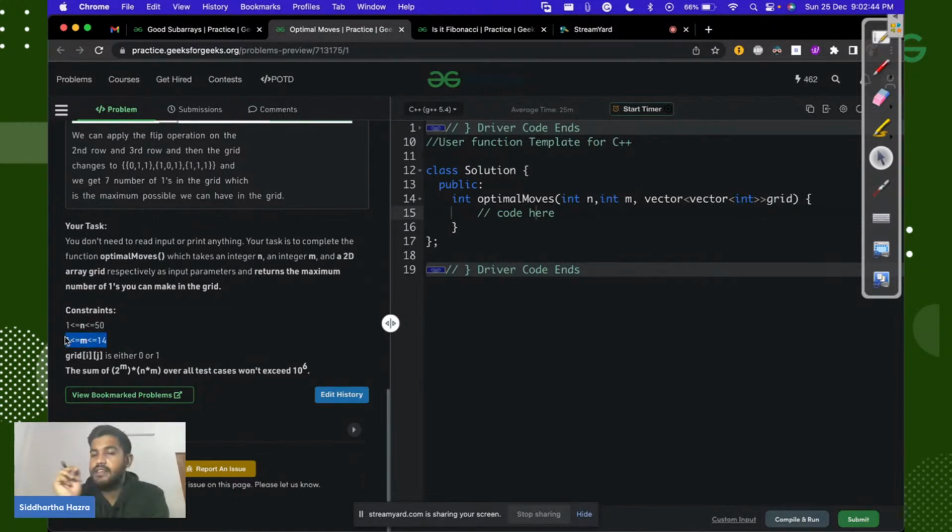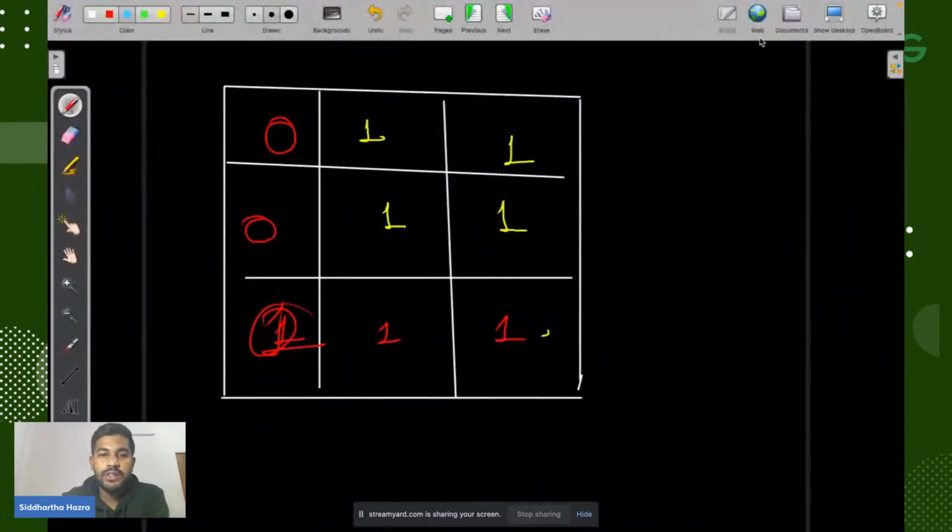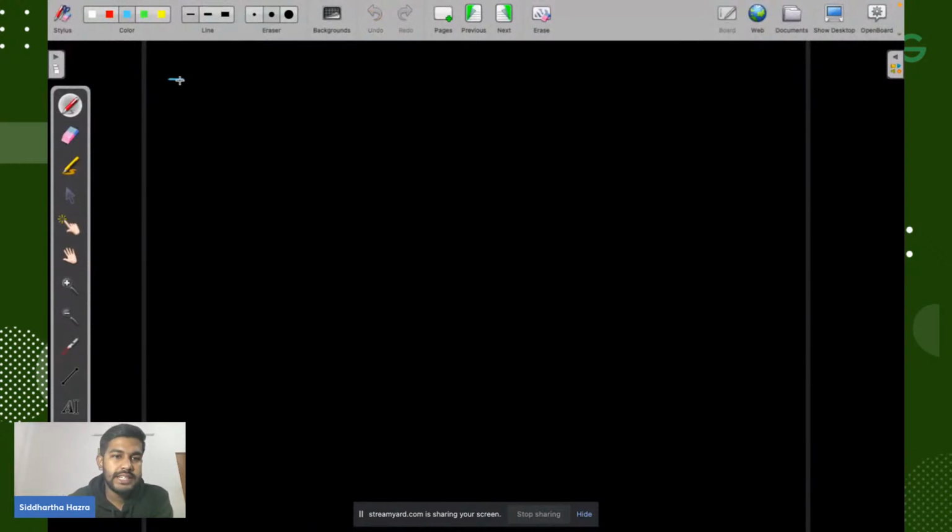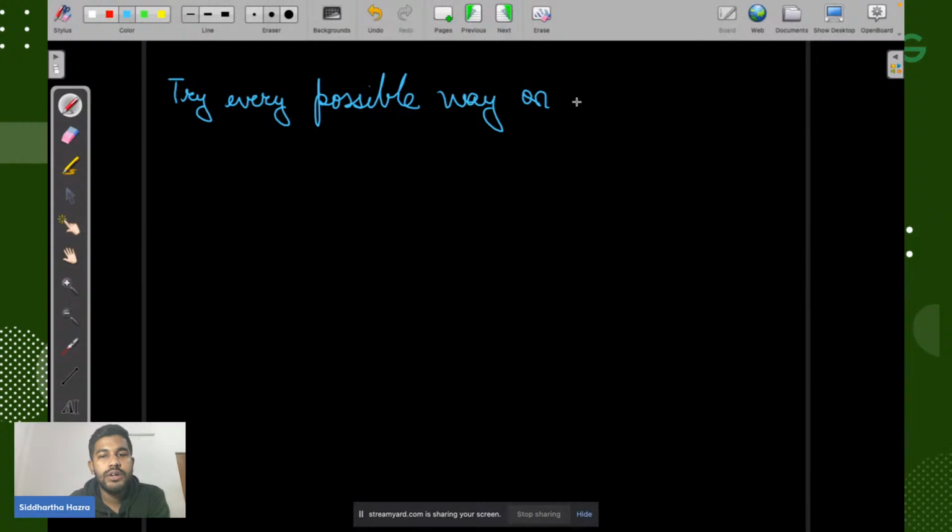Why? Because it is less than 14. So I thought of trying every possible way on rows. Okay, I would try every possible way on rows.